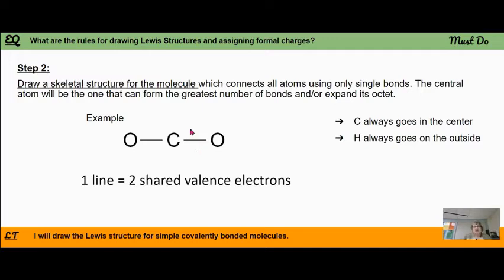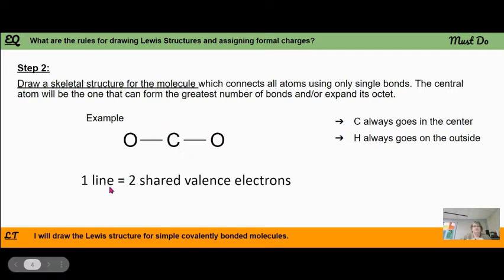Okay? That central atom, the one that's usually in the middle, will be the one that can form the greatest number of bonds. Or it can expand its octet, which we're not going to look at. There are some special cases where you can go beyond 8, but we're not going to go there.